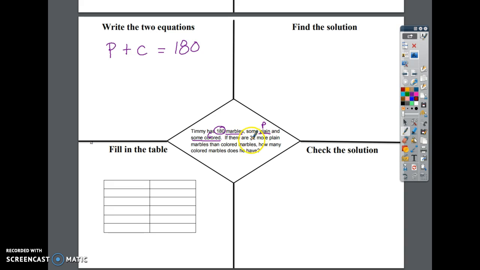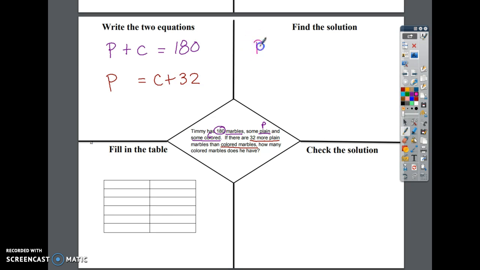If there are 32 more plains, so there's more plains, so that's going to be P equals 32 more than the colored ones. So that's color plus 32. The colored ones plus 32 more equals the plain ones. Okay? So what do I need to move? What am I going to have to move to put it in matrix?